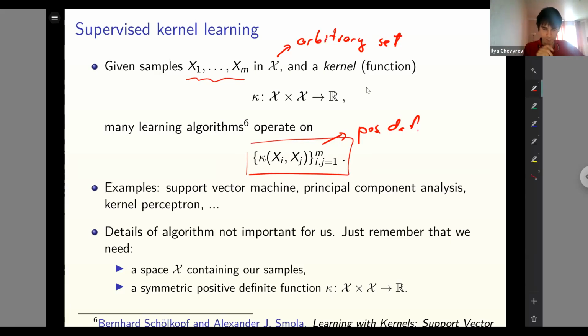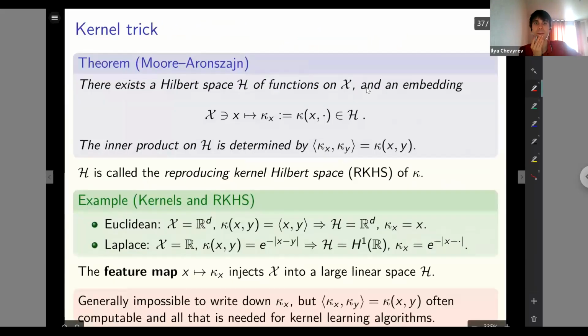Okay, then I gave a heuristic way of connecting this with the feature embedding picture that I presented before. Essentially, the reason kernels work and what they allow us to do is that they embed your space X, which is potentially a nonlinear space, like the space of graphs as a concrete example, or an alphabet, into a large vector space, potentially infinite dimensional. This vector space is called the reproducing kernel Hilbert space of the kernel.